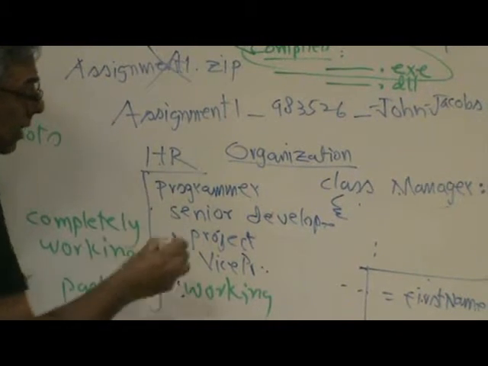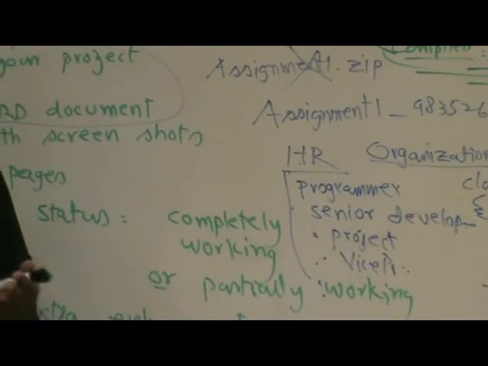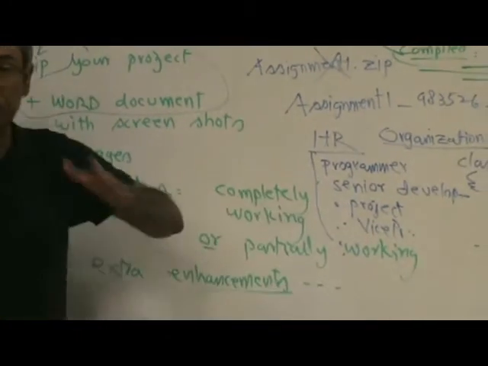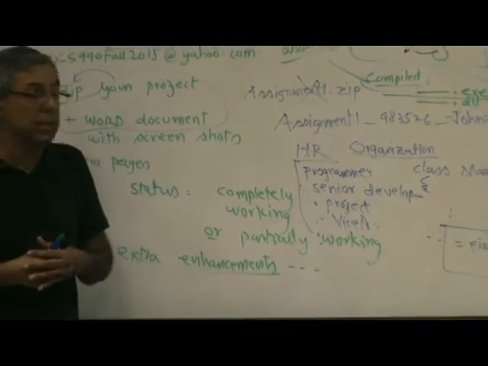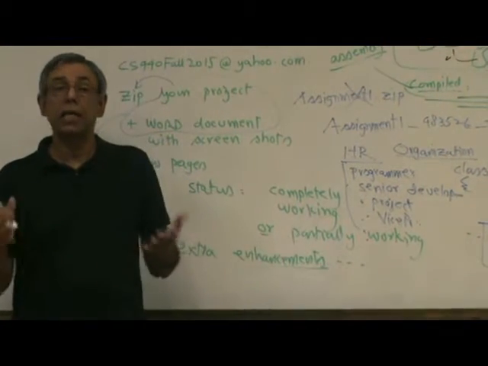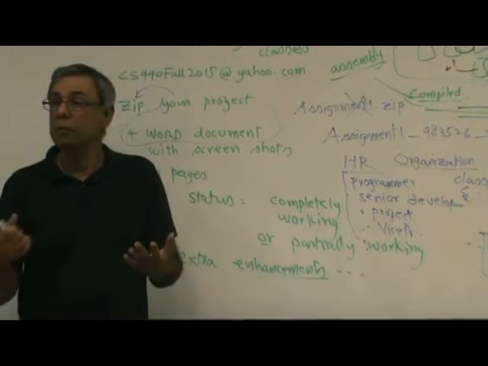Once you've identified the actual people that work in the organization and their categories or titles, you'll start creating classes for each one of these. Pretty soon you'll discover you're repeating things, and you'll move them to the base class.